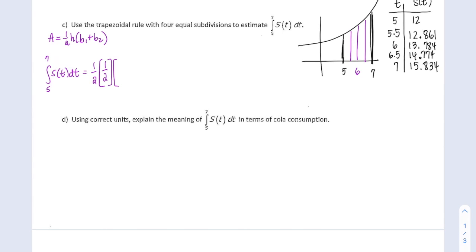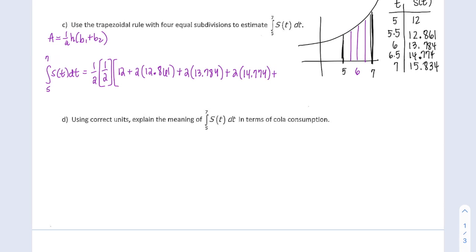Now we had a shorthand way of doing this. We're going to do base 1 of the first trapezoid, which is 12. That's what happens at 5, plus at 5.5, there are 2 bases. There's the left base of the first trapezoid and the right base of the second trapezoid. So we're going to do 2 times 12.861 plus 2 times the next one, 13.784, plus 2 times the value at 6.5, 14.774.